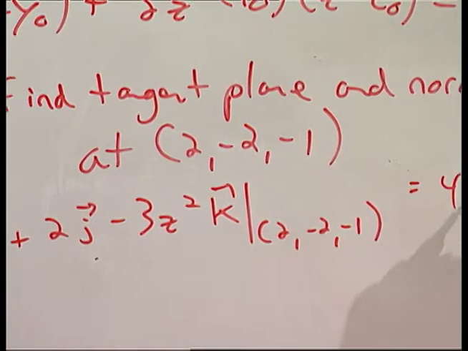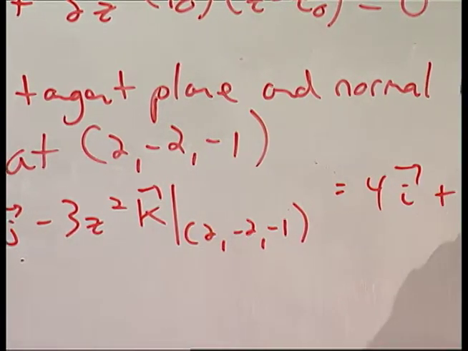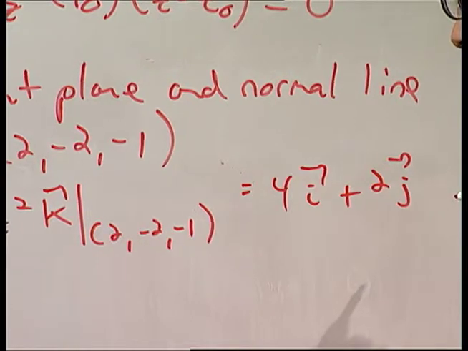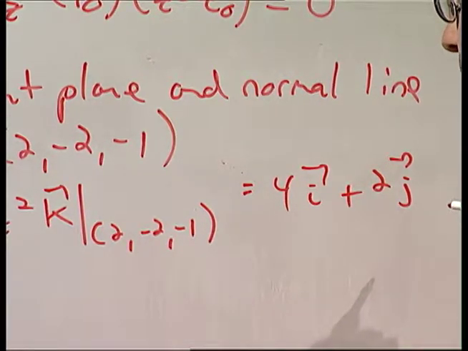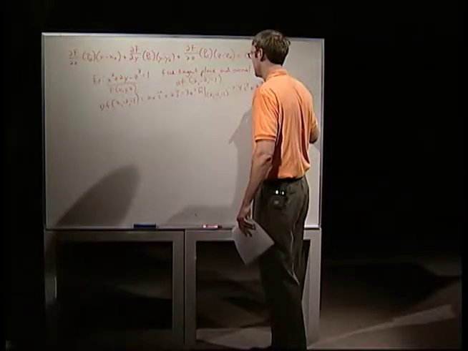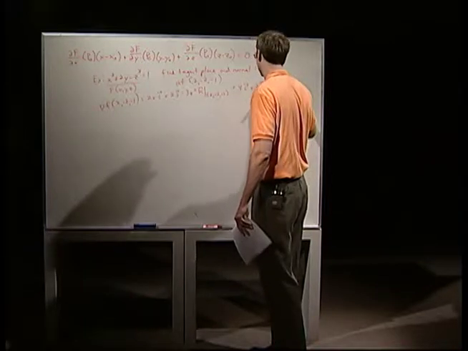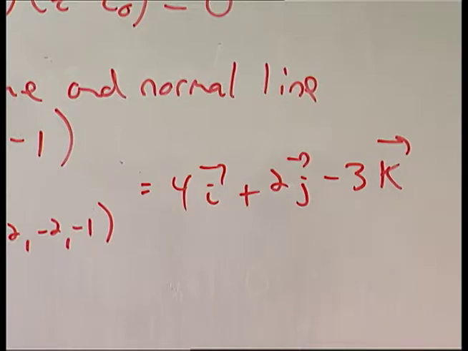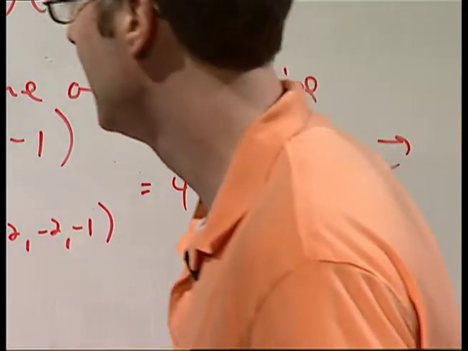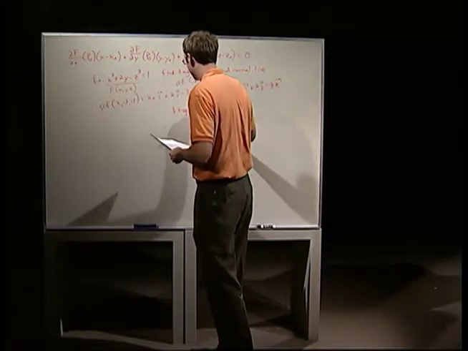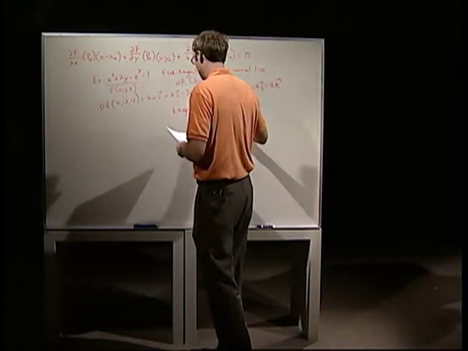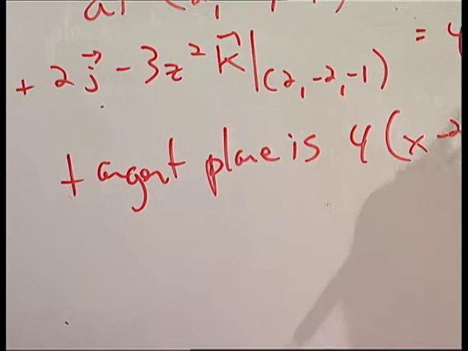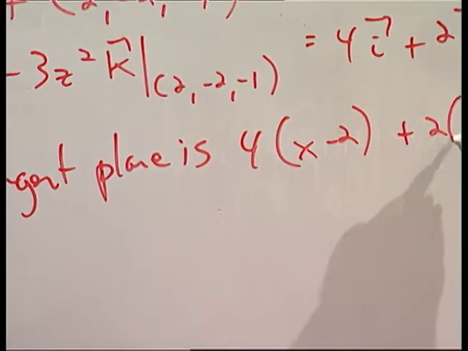We wind up with a 4i plus 2j, and then minus 1 squared is a positive 1, so that ends up being minus 3k. Right. Is that what I have? Good. So the tangent plane is easy. We have the components of the normal gradient vector. All right. So we have a point on the plane. This is plug and chug time.